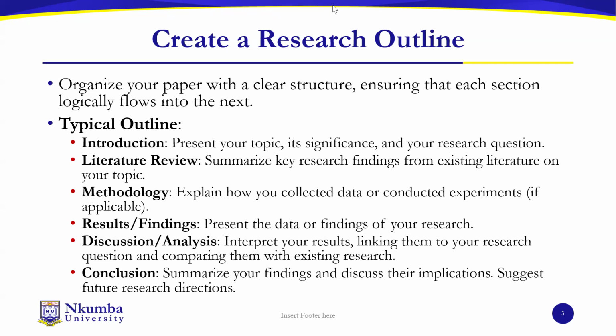Then secondly, the community you are doing it for. Now you said you are doing it for Nkumba University. How will the university benefit from your research? Now I told you to think of an organization. So that organization which you chose in your coursework, how is it going to benefit from your work? You have to tell us exactly how that organization is going to benefit from your work. If it is your workplace, how is it going to benefit?